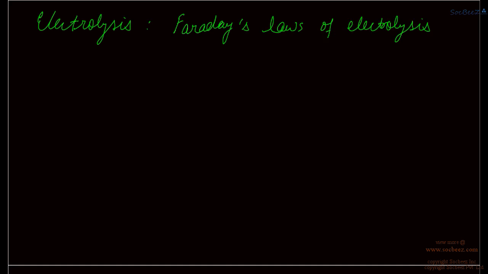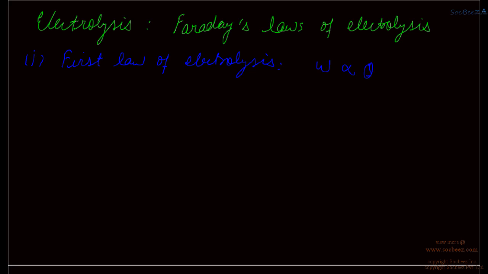So the first law of electrolysis says that the amount of any substance deposited or dissolved at a particular electrode is proportional to the quantity of electricity that is utilized.